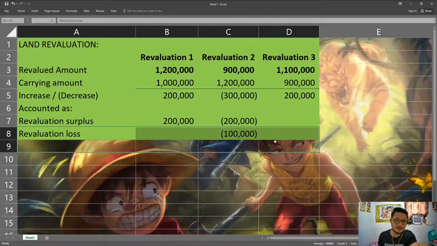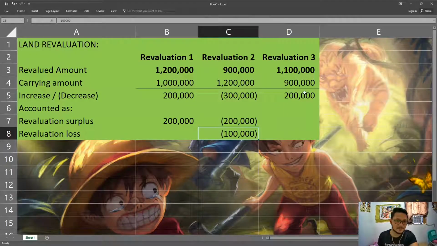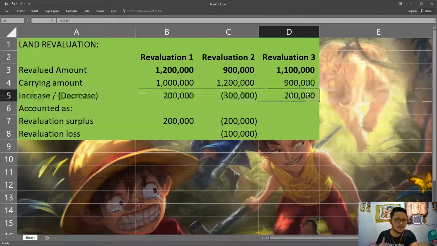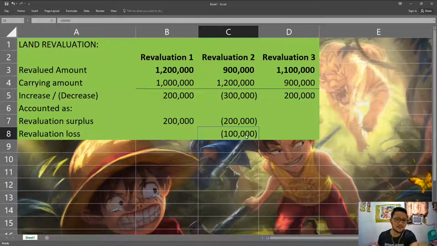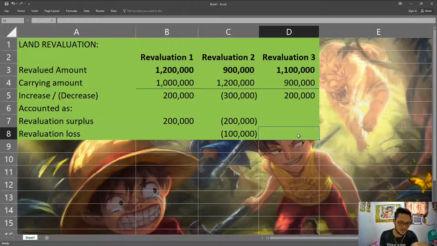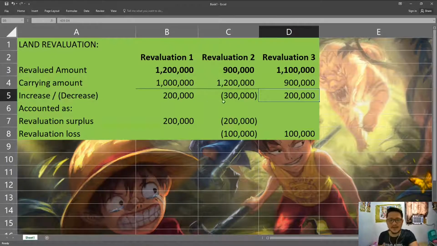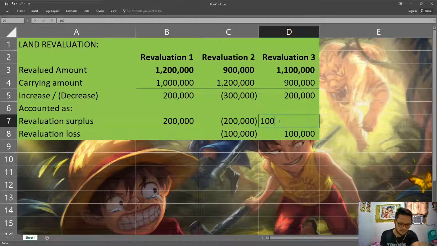Obviously, as you see here, meron po, 100,000. The 200,000 increase shall first be accounted for as a cancellation of that loss. You will recognize a gain on impairment reversal equal to 100,000. Take note, this is a revenue account, a gain account. It is a cancellation of the loss. If there is anything remaining from that revaluation increase, that would be the time na maglalagay tayo ng revaluation surplus.